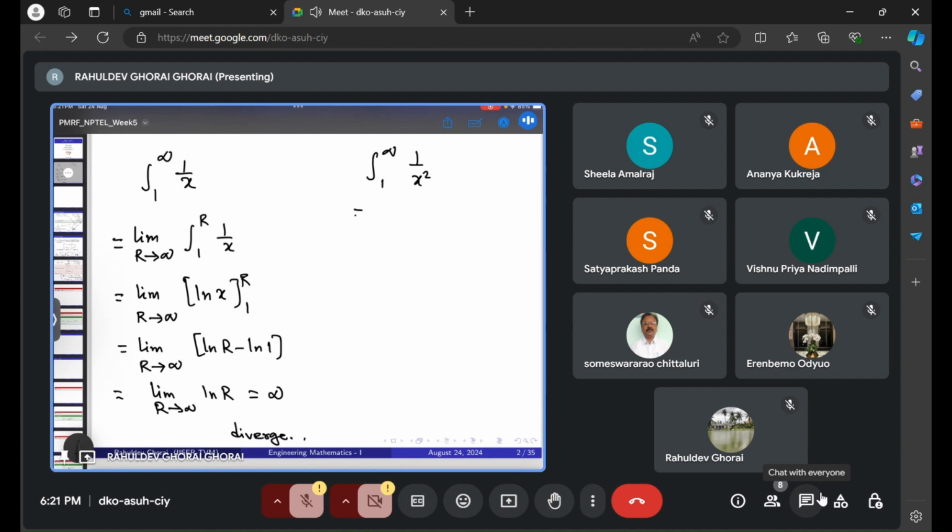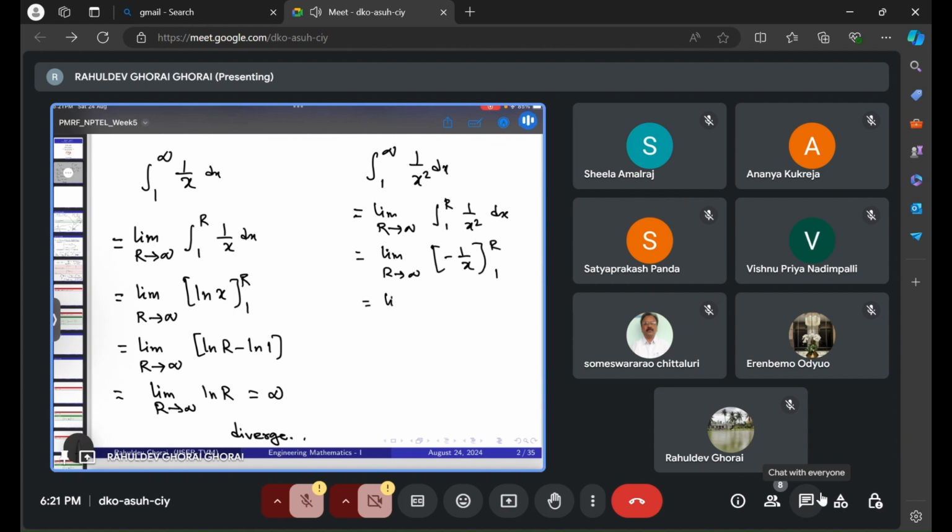But see here, what is the difference? Limit as r tends to infinity of the integral from 1 to r of 1 over x square dx. I mean, dx is always there, I haven't written it. So that will be limit as r tends to infinity. This integration is minus 1 by x from 1 to r.